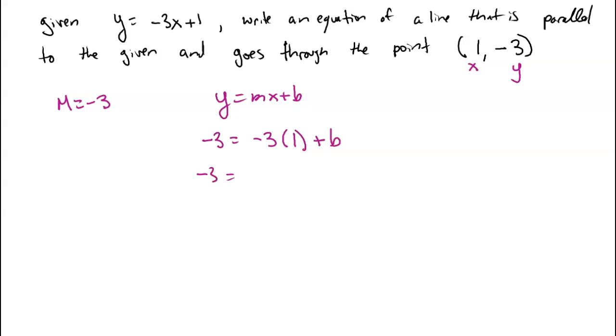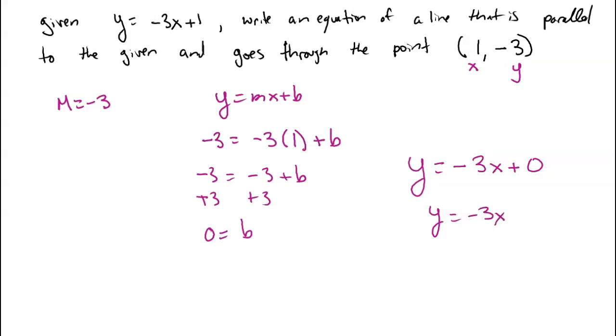So negative 3 is equal to negative 3 plus b. I add 3 to both sides. I get 0 is equal to b. That's exciting. So my brand new equation will be y is equal to negative 3x plus 0. You don't actually need the 0, so you can just leave it as negative 3x.